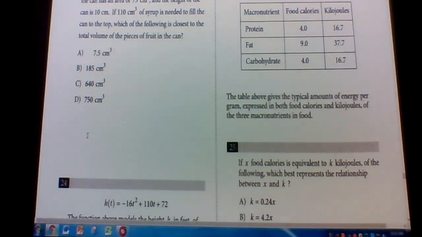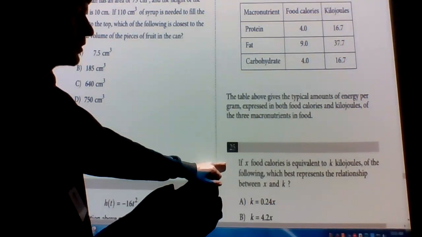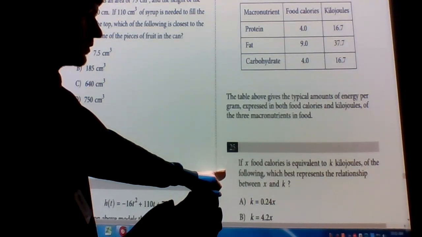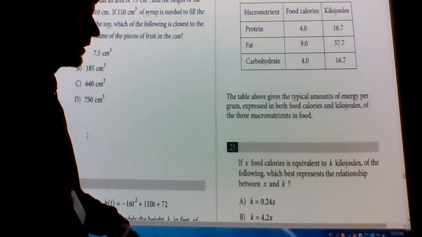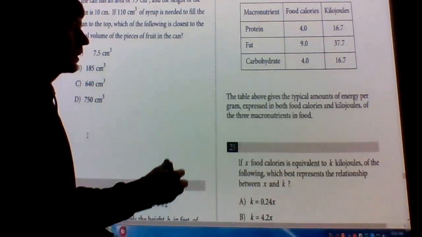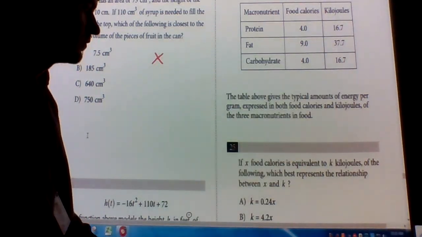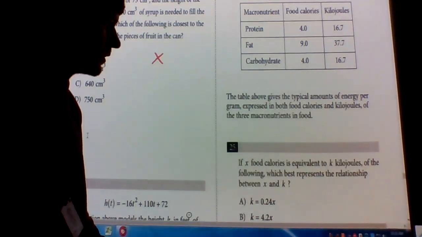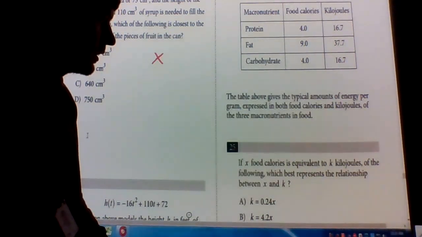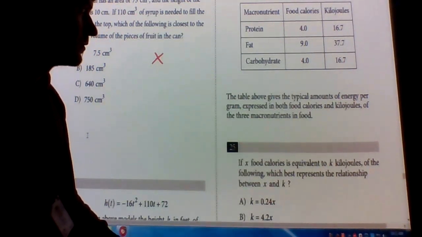If x calories is equivalent to k kilojoules, which of the following is true between the relationship of k and x? So if x food calories is equivalent to k kilojoules, we need to basically make these equal.